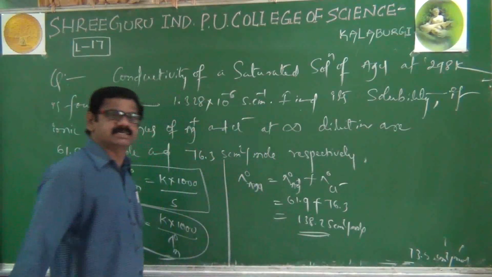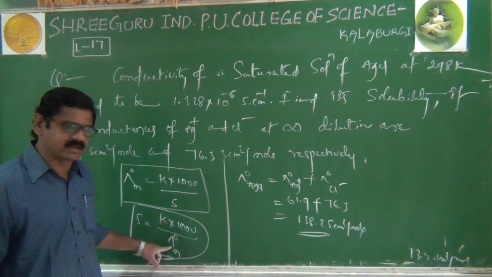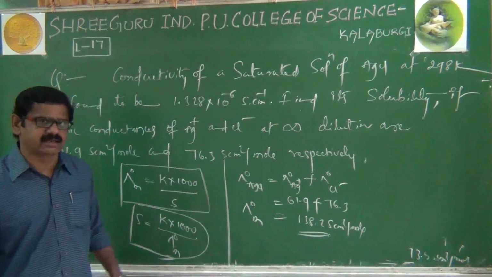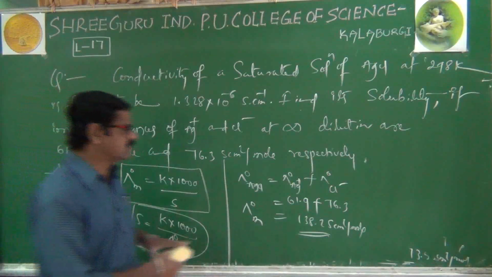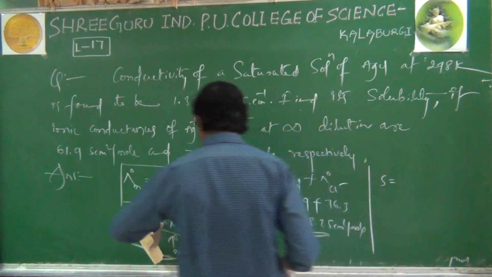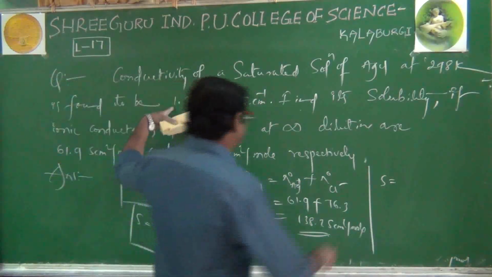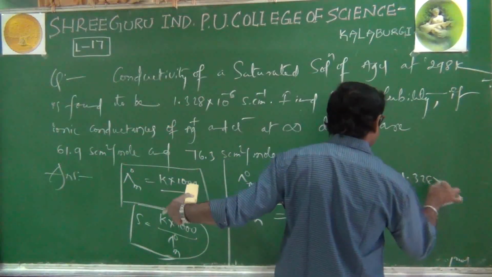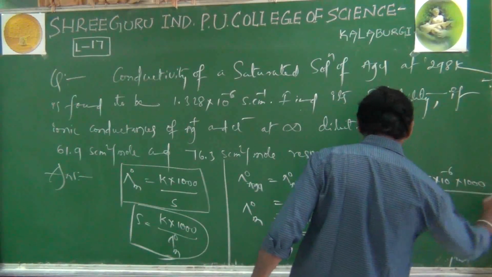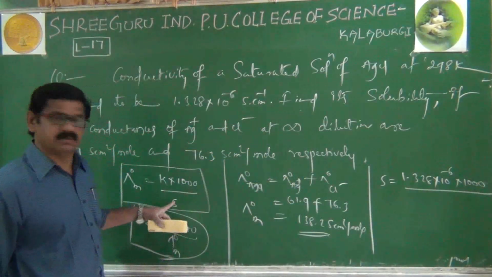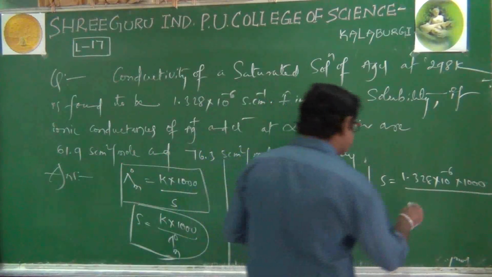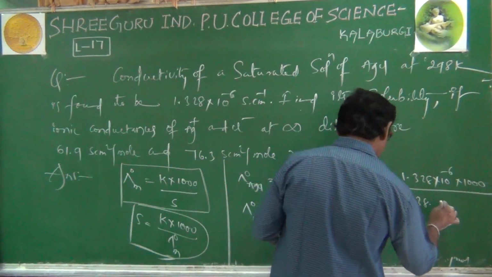Of course, this is not the answer. It is just lambda m naught we have calculated, the limiting molar conductivity. Then finally we will find solubility. For solubility purpose, we'll substitute the values. S is equal to K. Conductivity value is 1.328 into 10 to the power of minus 6, into 1000, divided by lambda m naught, that is 138.2.